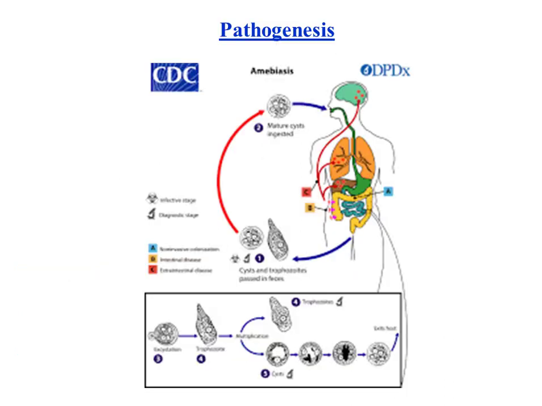Cysts of amoeba fall into the stomach with water or food and go into the intestine without significant changes. In the small intestine, the shell of the cyst is dissolved, freeing the amoeba.